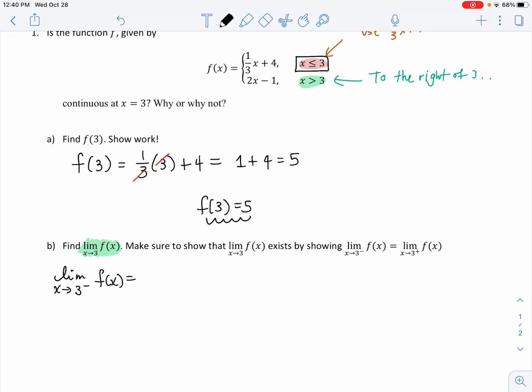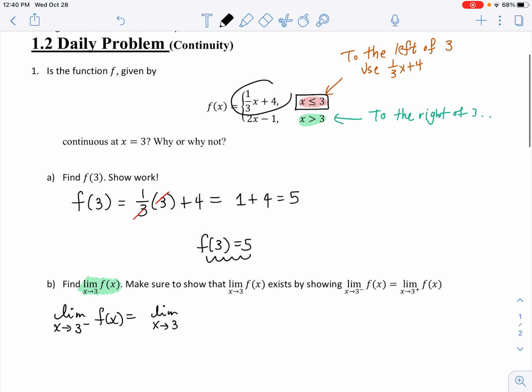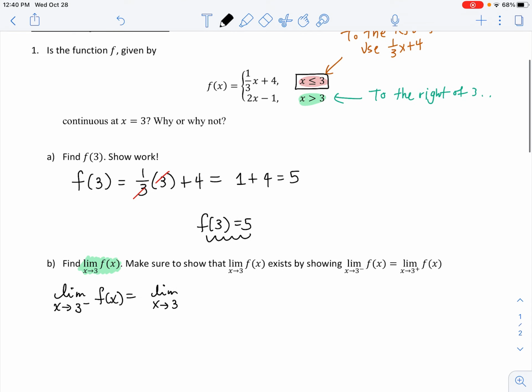That is going to be plugging the number 3 into the top piece, because that is what we're using for the left of 3. So show me that you're going to plug in 3 into this expression. If I plug in 3 in here, same thing will happen.